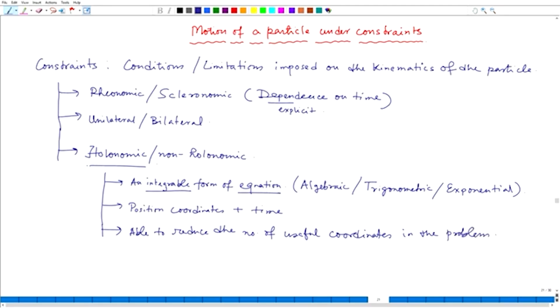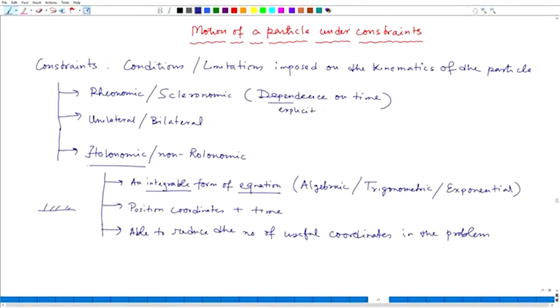So, just remember the case of a simple pendulum where we say that the length L of the pendulum is fixed in time, then this is x direction, this is z direction, then x square plus z square is equal to L square makes the situation simpler, because then you can write x to be equal to root over L square minus z square. And of course, you can take plus minus according to your convention.